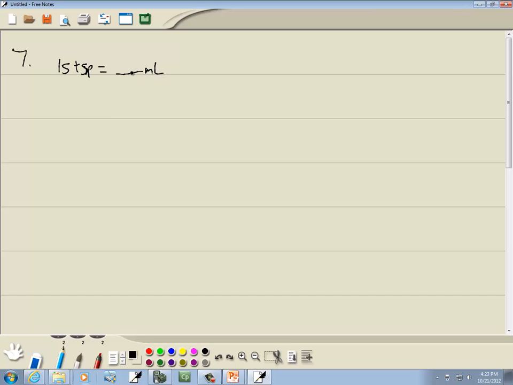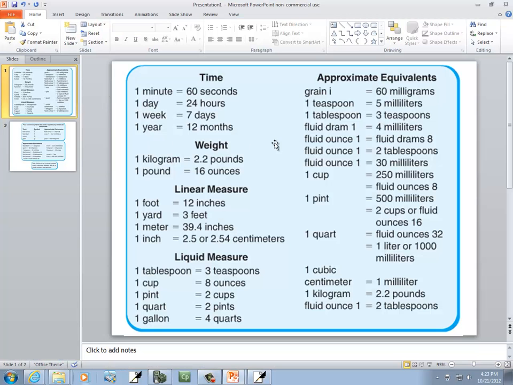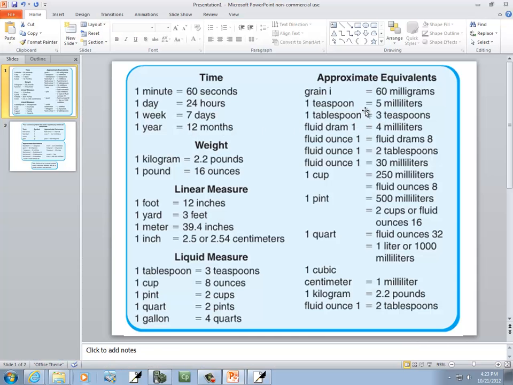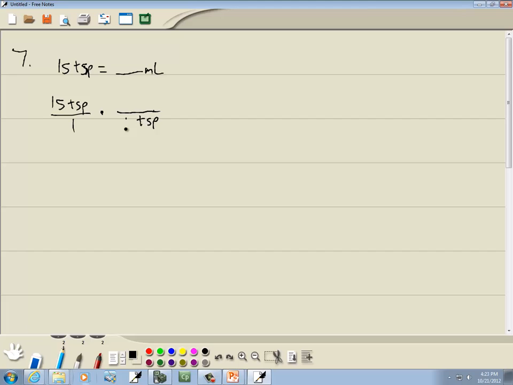Pretty sure I saw somewhere there was teaspoons and milliliters. Here it is. 1 teaspoon is 5 milliliters. Okay, so I'll put 15 teaspoons on top, put over 1. Dimensional analysis: if that's teaspoons, this has to be teaspoons. And we said 1 teaspoon is 5 milliliters, so 1 teaspoon, and we put milliliters up here. Teaspoons will cancel. 15 times 5 is 75. So 75 milliliters is our answer.